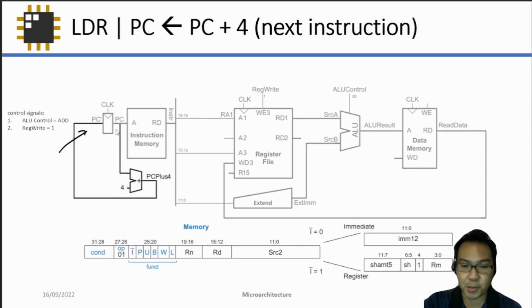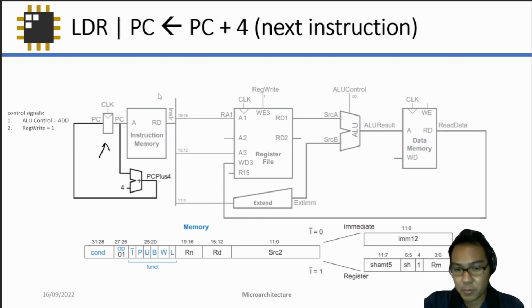So we have to make sure that the program counter doesn't just read the same instruction over and over. We want to get PC plus 4. To do that, we just have to put it through an adder. It's a 32-bit adder. It's PC plus 4, and then you feed that back into the PC register. So then you get PC plus 4 every time.